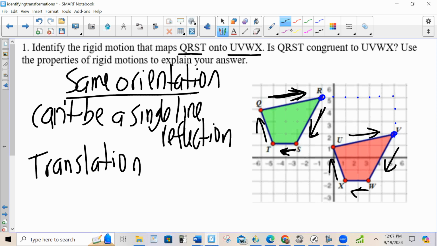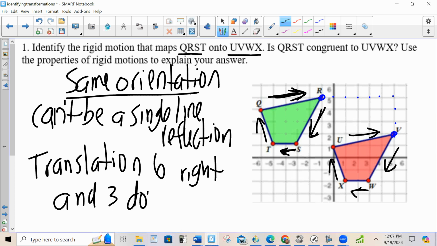So it's a translation 6 right and 3 down. Now, make sure you pay attention to which one you're starting with. It says maps QRST onto UVWX. That's why I started here and I went there.